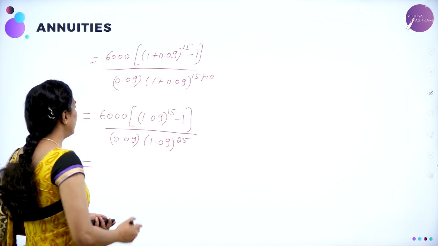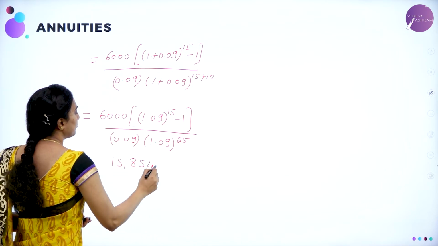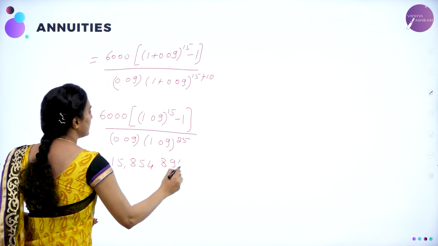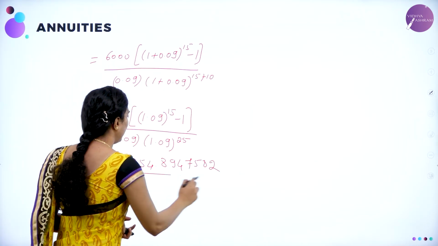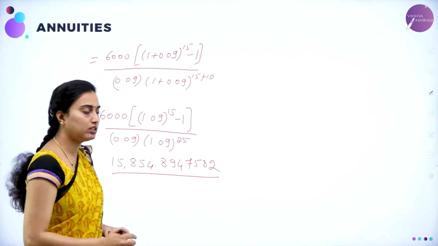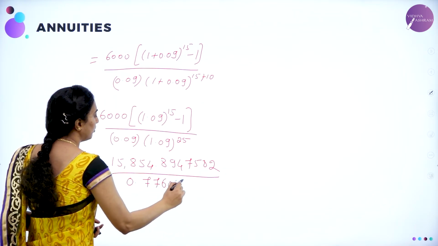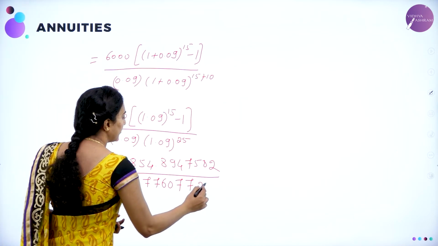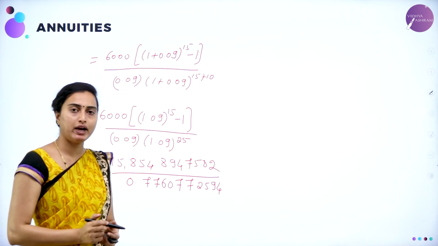So you are going to get the numerator as 15,854.8947582 divided by the denominator 0.7760772594. Now let us divide the numerator by the denominator.